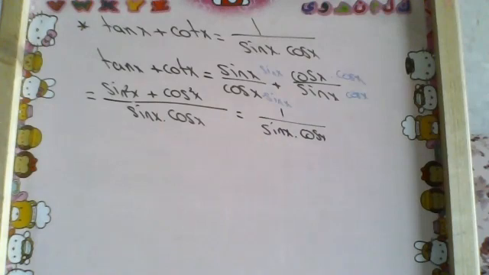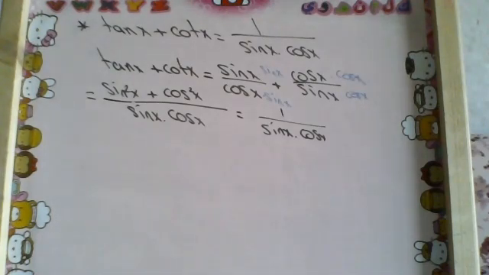Okay? Any questions? I don't know where to start, from the left or from the right. We don't have a rule to start from the right or from the left. It depends on the expression itself or the identity that you have to prove.